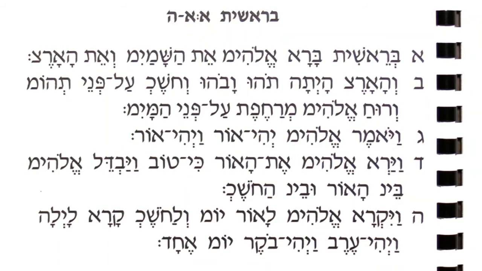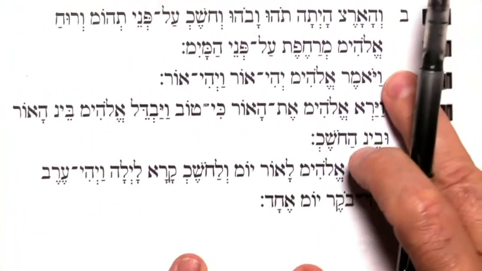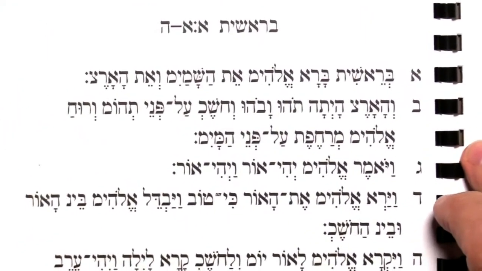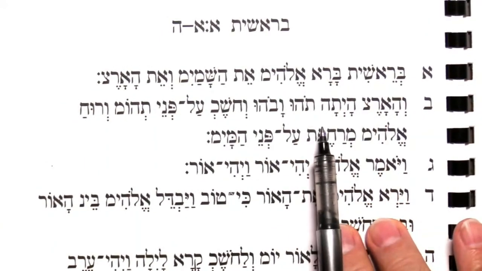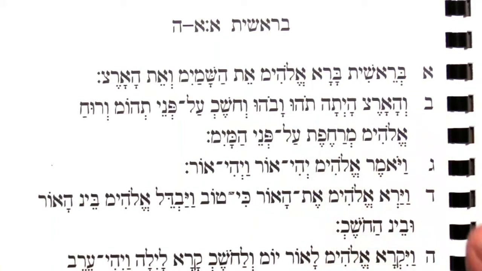Now if you turn the page, you find the exact same passage again, but this time simply written in a more traditional Hebrew font. This is the kind of font that you find in most Hebrew Bibles and Hebrew prayer books, but I guarantee you the words are the same, everything else is the same.